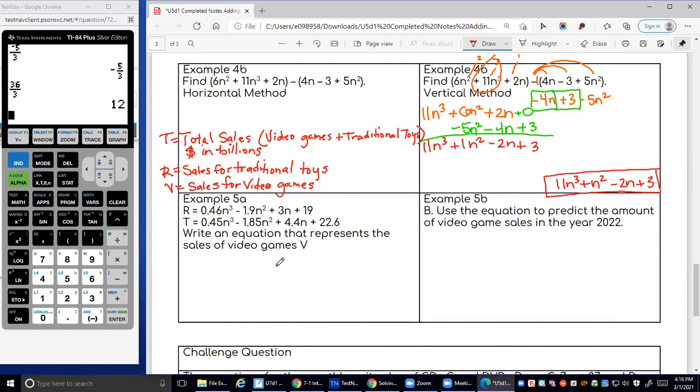Now they give us this R is equal to all that good stuff, right? And then you got T, and that's equal to all of that, right?